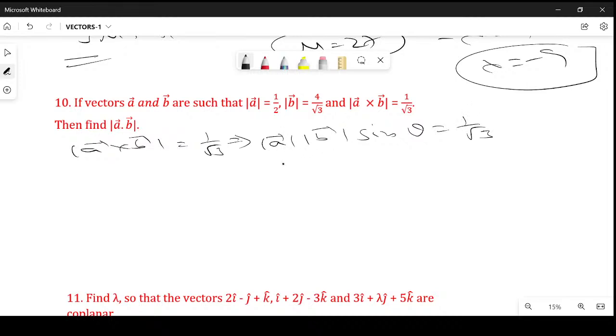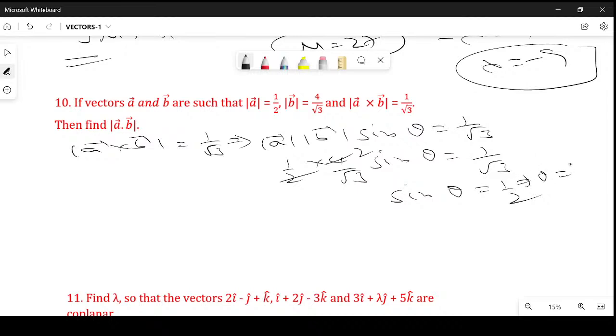Substitute the values: mod a bar is 1 by 2, mod b bar is 4 by root 3, and the cross product magnitude is 1 by root 3. Now you can simplify. So now you will get sin theta equal to 1 by 2; root 3 will get cancelled, 1 by 2 comes. That means theta is equal to 30 degrees.